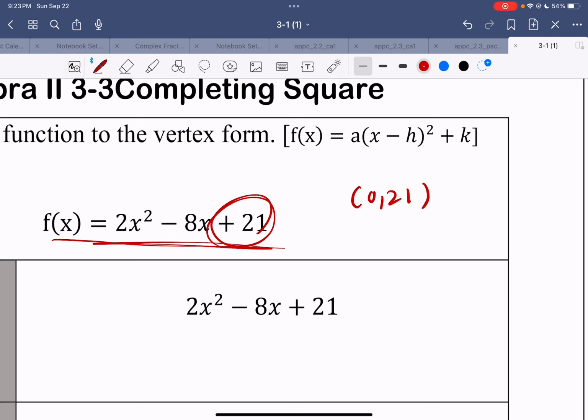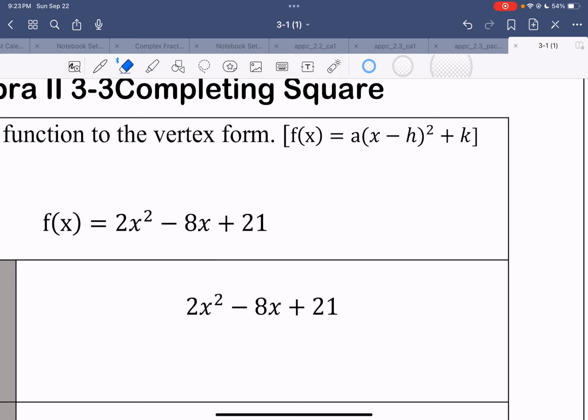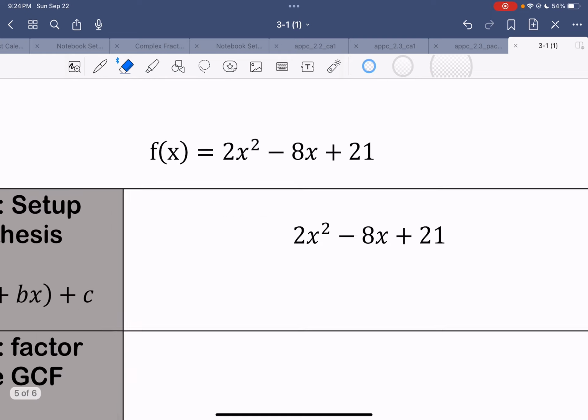But if I find this vertex form, I can find the vertex, which is (h, k), or I can also find the axis of symmetry, which is x equals h. Okay, so let's see how we can do this.